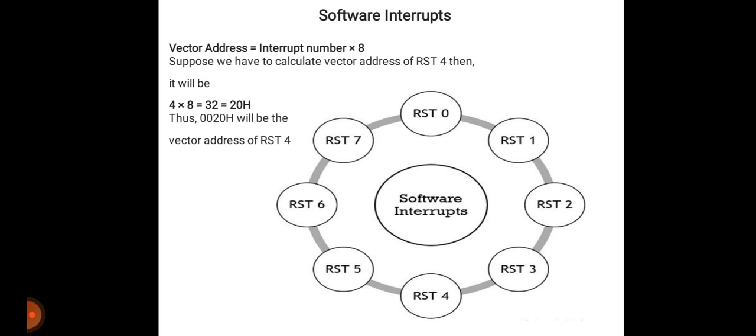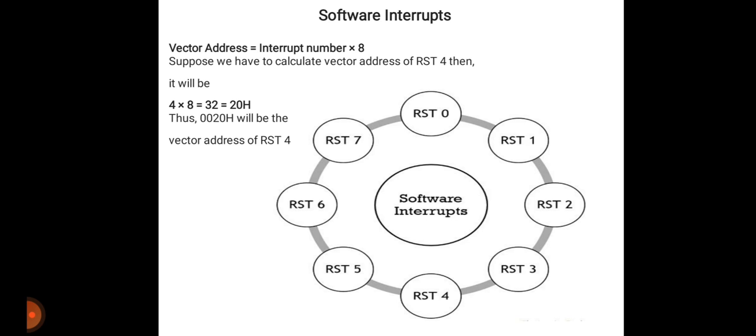The next one is software interrupts in 8085. There are a total of 8 software interrupts present in the 8085, from RST0 to RST7. As you can see in the figure, whenever a software interrupt is generated, its vector address is calculated like this: vector address equals interrupt number times 8.